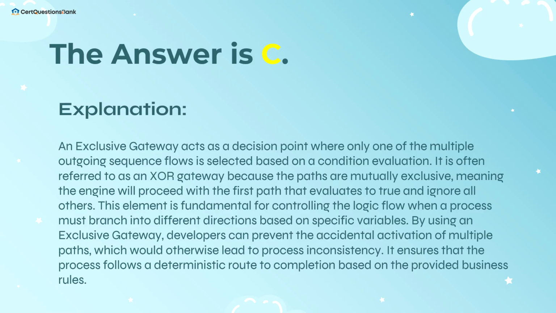This element is fundamental for controlling the logic flow when a process must branch into different directions based on specific variables. By using an exclusive gateway, developers can prevent the accidental activation of multiple paths, which would otherwise lead to process inconsistency. It ensures that the process follows a deterministic route to completion based on the provided business rules.